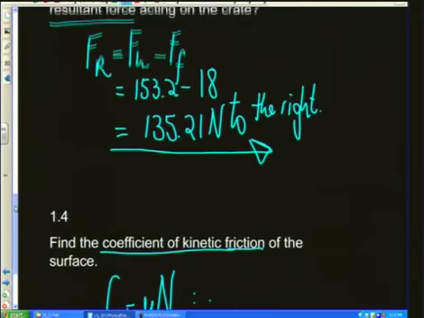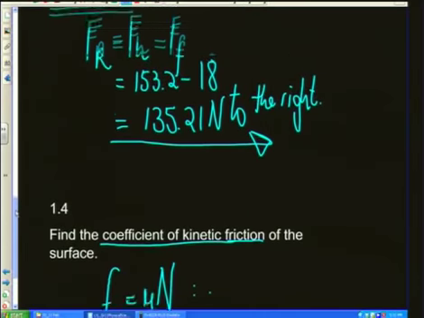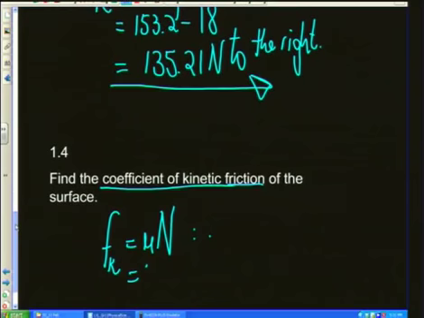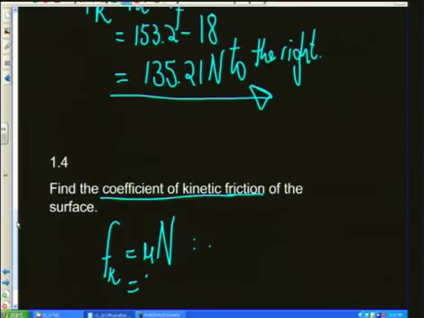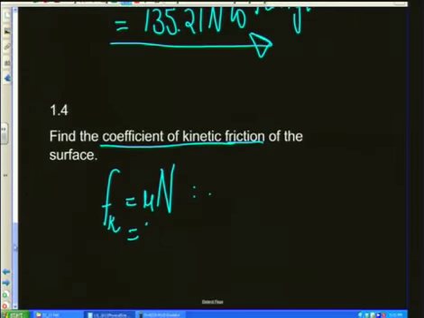The force that causes that motion, your resultant force, will be 135.21 equals mu times the normal force, which is mass times gravitational acceleration.